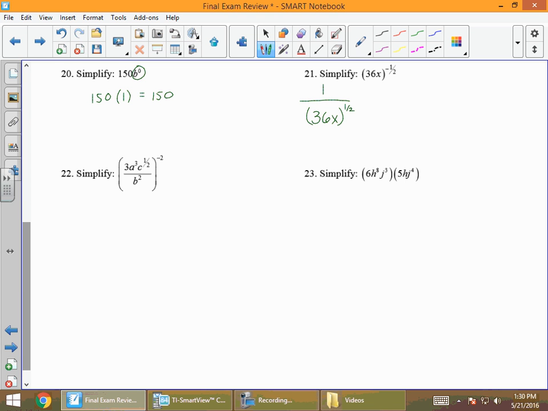A negative exponent flips it to the opposite side of a fraction, which we know that 36 to the 1/2 and x to the 1/2, so that's 6. So the square root of x, and that is a 1. So 1 over 6 radical x.